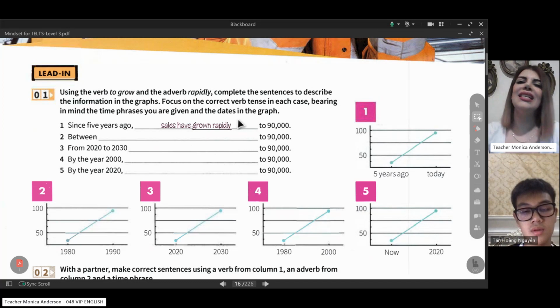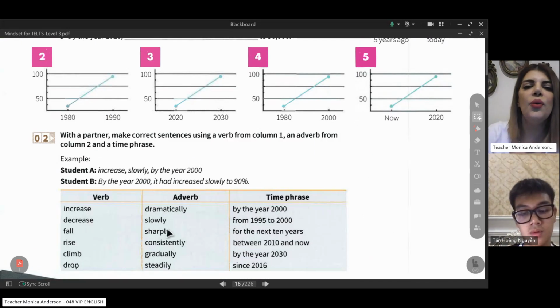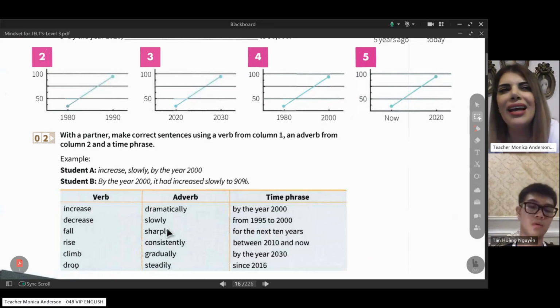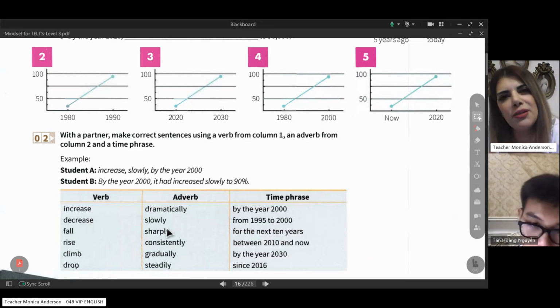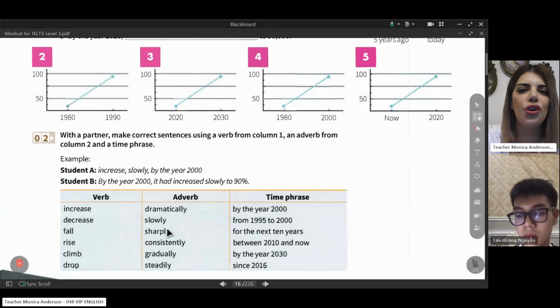Yes. Let's get started from the beginning. As we talked before, there are some verbs, adverbs, and time phrases that are normally used in task 1. There is a pattern to follow, and if you know this pattern, it will be really easy to write about graphs or charts.